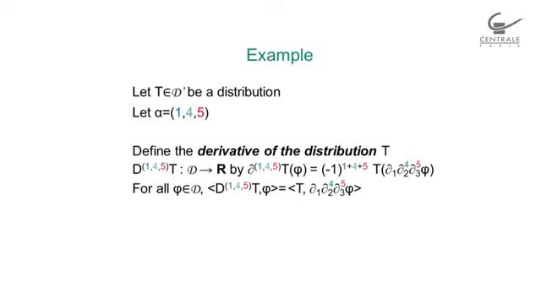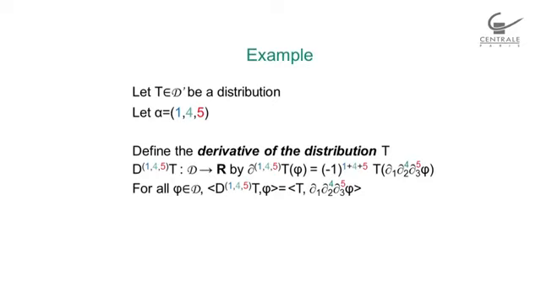And what we have is D1, the derivative with respect to the first variable, D2, the derivative with respect to the second variable that you do 4 times, so you differentiate the derivative of the derivative of the derivative, and I think I got this right. In any case, what you do is the fourth derivative with respect to the second variable, and the fifth derivative with respect to the third variable.